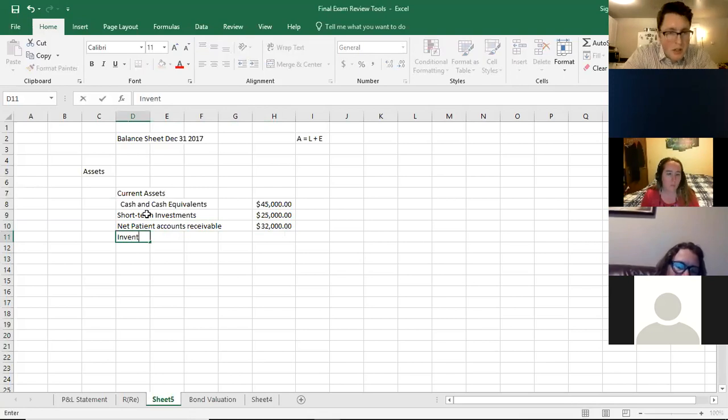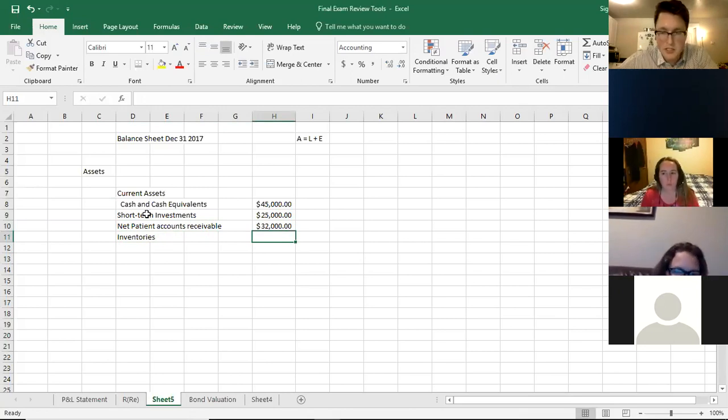One to remember that a lot of people seem to mix up is inventories is actually an asset. That is, what do I have in stock? What goods am I trying to sell that I have stored up ready to sell? Those are assets to me. So for those inventories, let's say that I've got $12,000 in inventory.